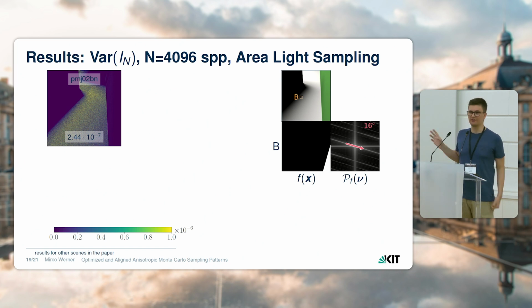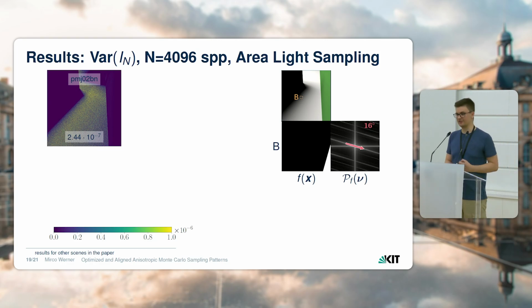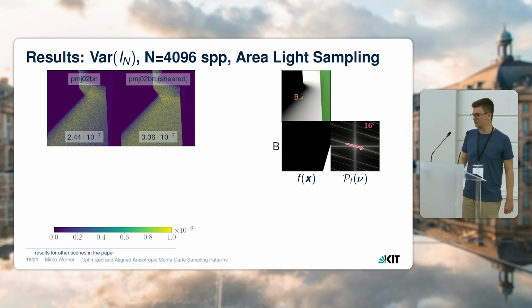And you can see here on the right side that most of these integrands in this scene have a few straight discontinuities, which means that we have power spectra which have at least 3 high energy directions. This means when we use an existing point pattern, which only can suppress 2 of these directions, that we get high variance. Using the shearing idea from prior work still gets mostly the same result.